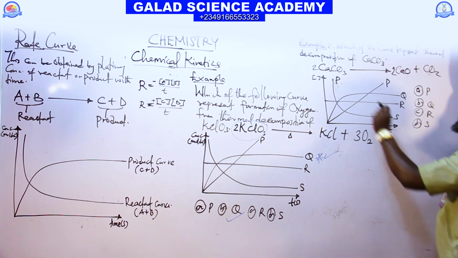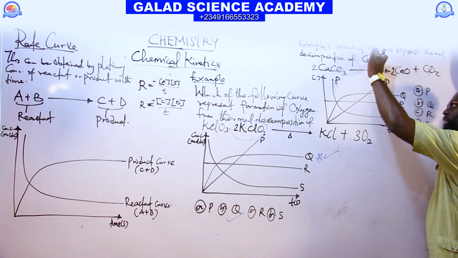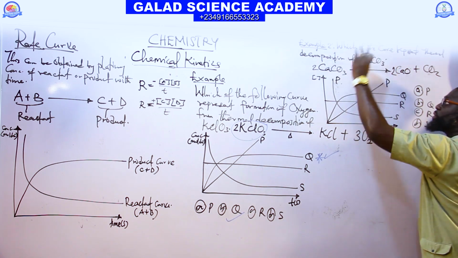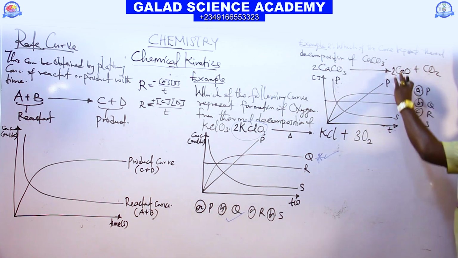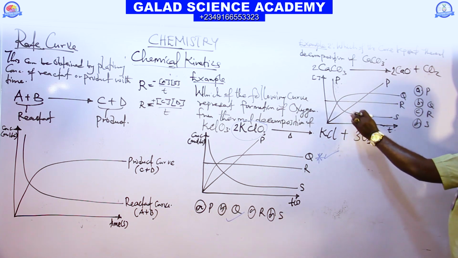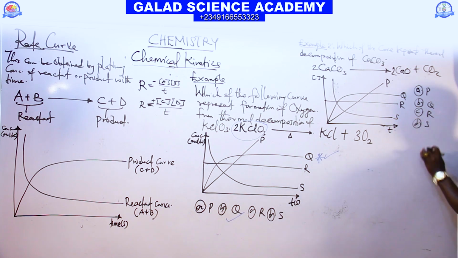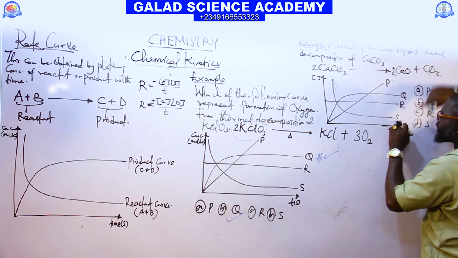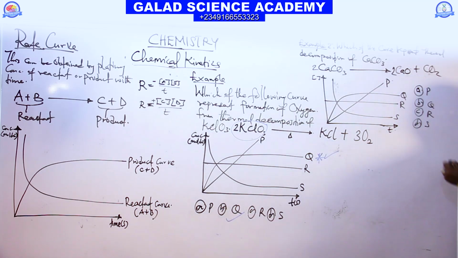So we want to ask which of the curves represents the decomposition of limestone. Limestone is calcium carbonate, at the reactant side. So which of these curves represents the reactant? If we look at it now, this X is the only one that is the same as the reactant. So our right option here is D.